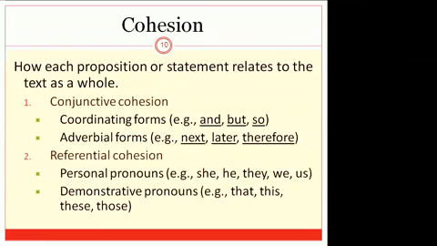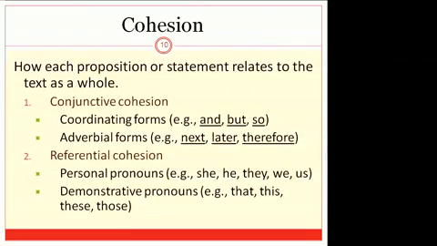In addition, storytellers use referential cohesion. Referential cohesion is when we use words that refer back to earlier ideas or elements in the story. Two basic forms of referential cohesion are the use of personal pronouns. When a protagonist is initially introduced into a story, they are often given a name, but later we refer back to those characters with pronouns like he, she, they, us, we.